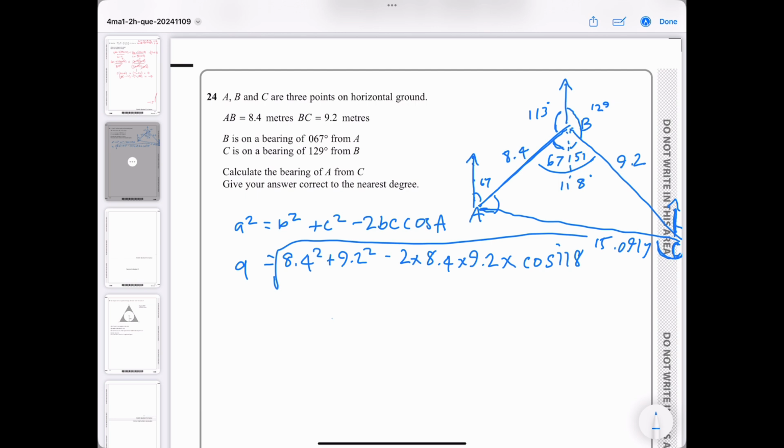Okay, so we know what that is. Now we can use this to find this one here and this one here. In fact, let's use it to find that one there.